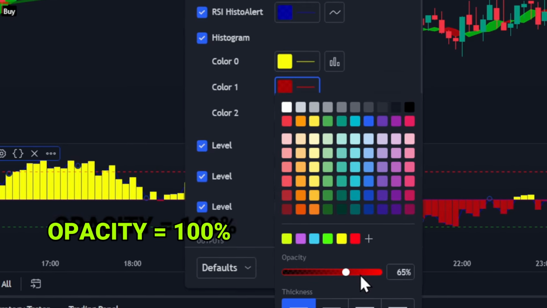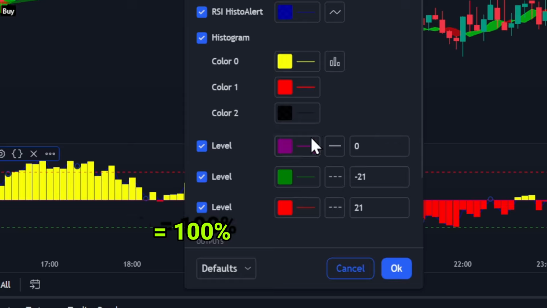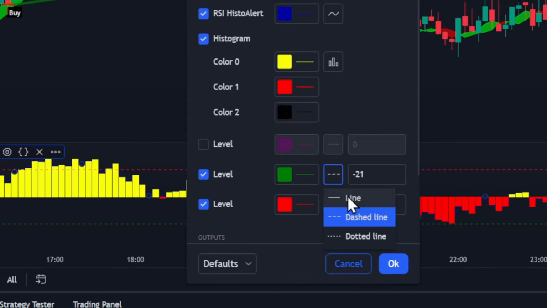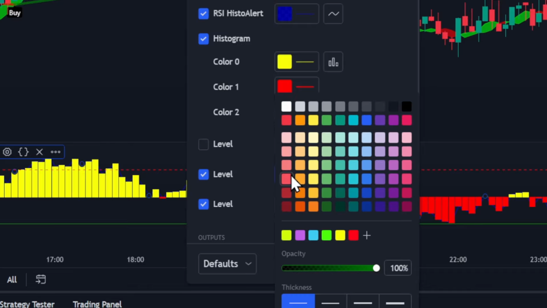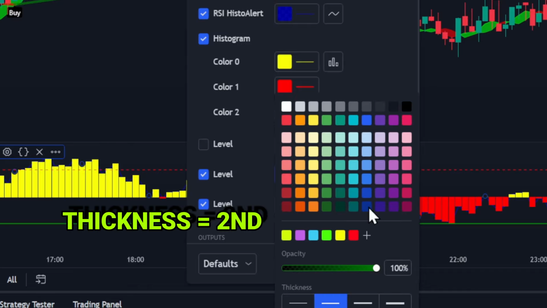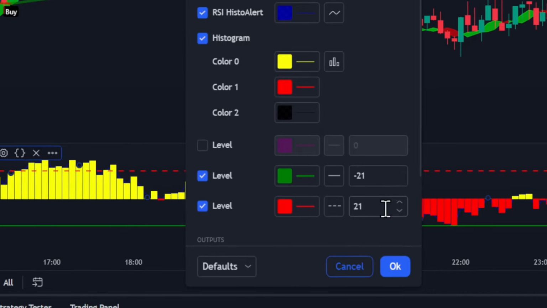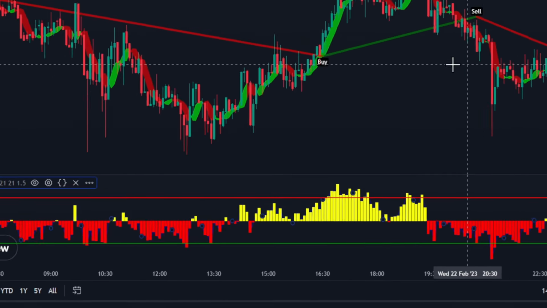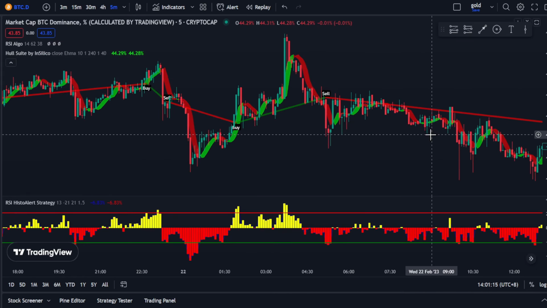And this one also make it more visible. And for the level, close this off. And for this one, change the line to line and change it to second thickness. For this one, change it to second thickness and change the dotted line to line. Okay, now we are ready to take our buy signal.